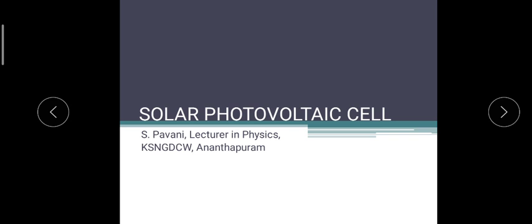Usually these photovoltaic cells are made of silicon and selenium. Though photovoltaic cells can also be manufactured out of gallium arsenide, indium arsenide, cadmium sulfide, most of the production is done with silicon.